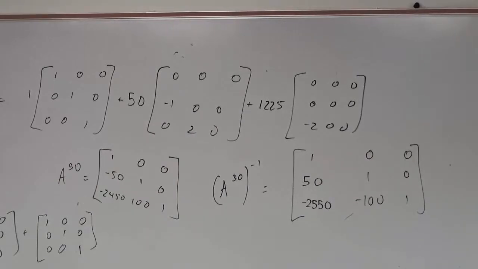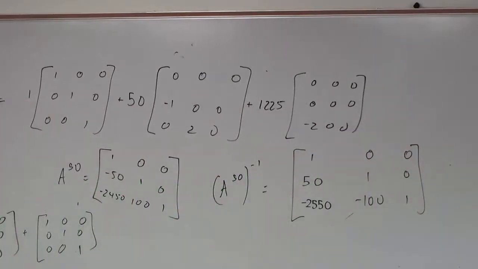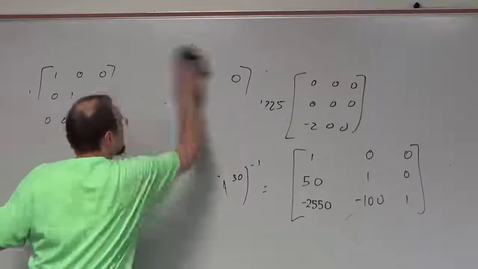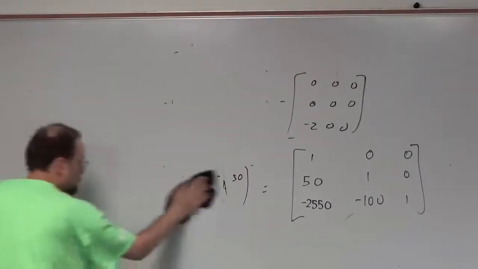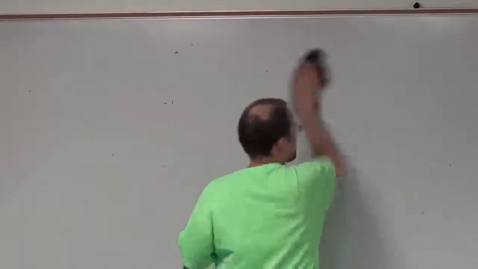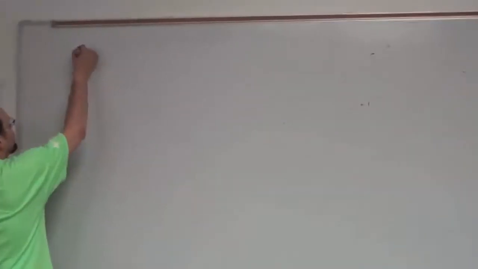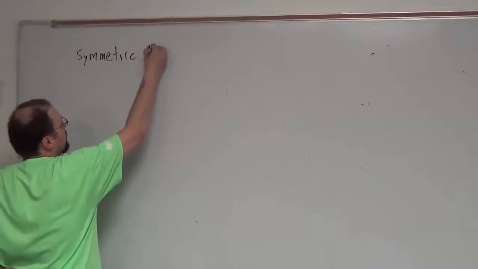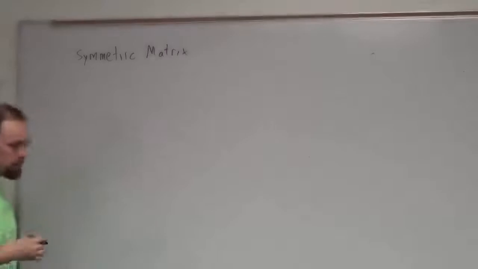Now let's define what symmetric matrices and skew symmetric matrices are. A symmetric matrix is easy to recognize because you see the symmetry. If I give you an example, you'll see the symmetry.